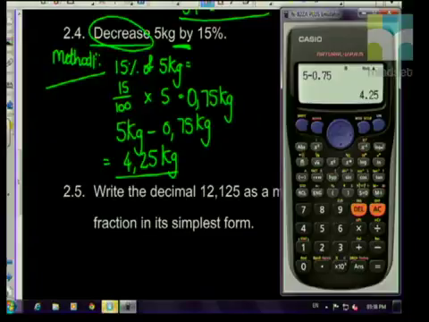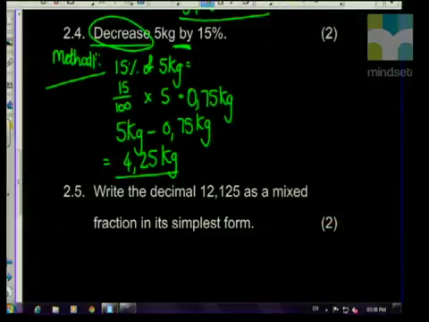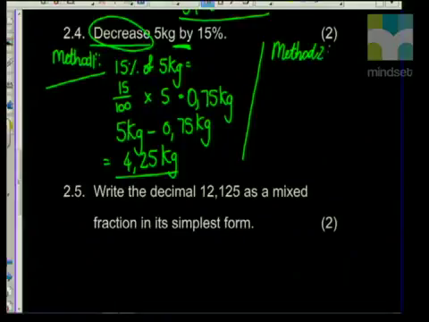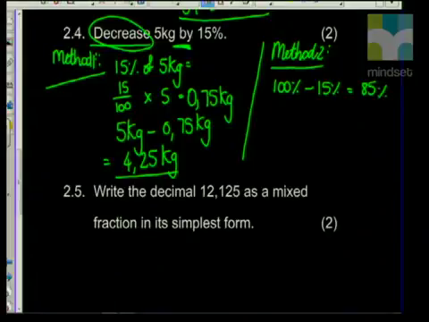Now that's method 1. Most of you will feel comfortable with doing that because that's probably the most basic way of doing it. Some of you would like a quicker version, so this is method 2. What you could say is that if I've got 100% and I'm decreasing it by 15%, I'm actually ending up with 85%.